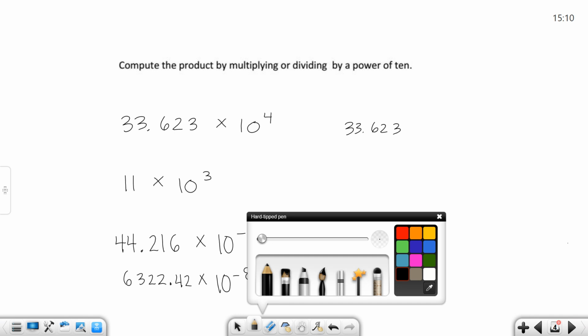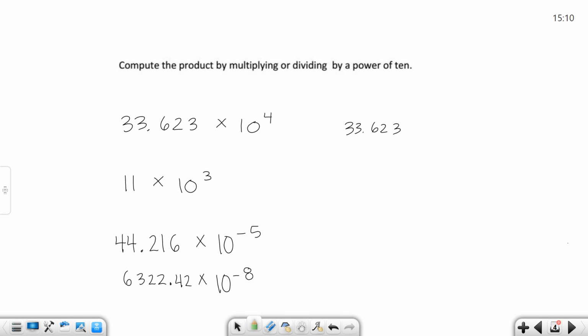So if I'm multiplying this by 10,000, all I have to do is move 4 places to the right. I don't even have to use a calculator. 1, 2, 3, 4. So this answer would be 336,230. And I put a comma after the third number. So that's what it looks like to multiply by 10 to the fourth.